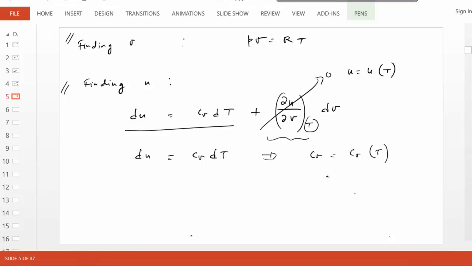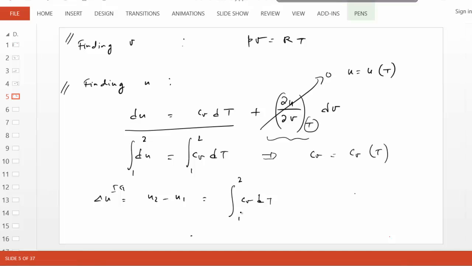Okay, in that case, how do you find delta U? We integrate this equation from state 1 to 2. So delta U, which is U2 minus U1, is integral CV dT. Of course, for the IG model, if we evaluate this integration, CV as a function of temperature has to be integrated.